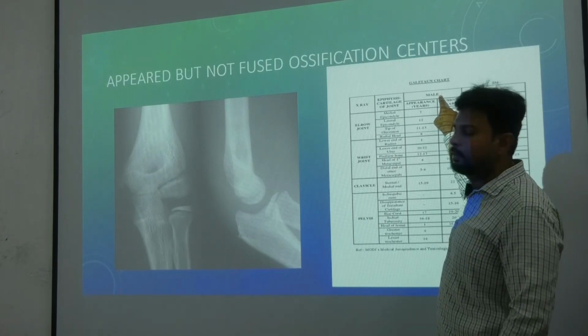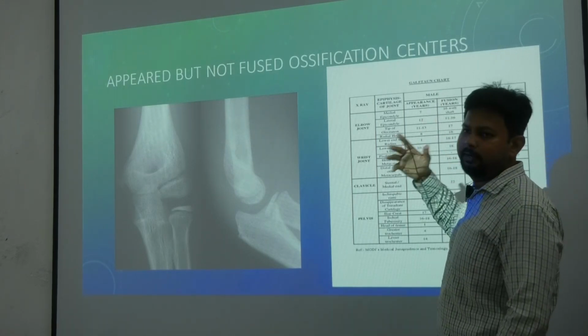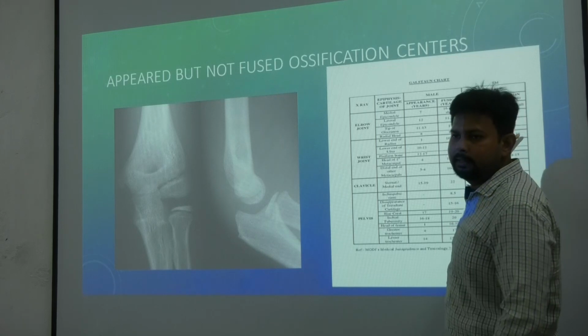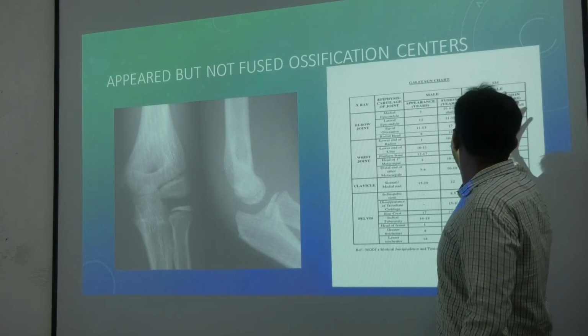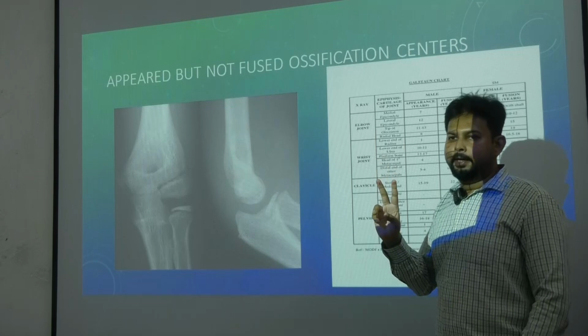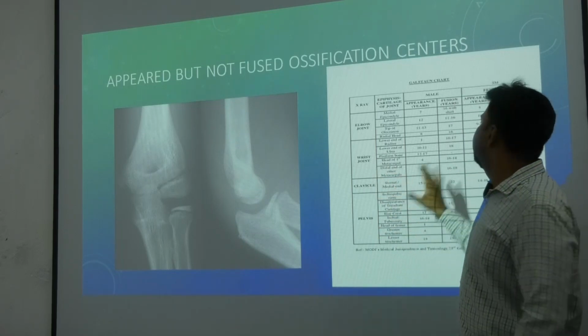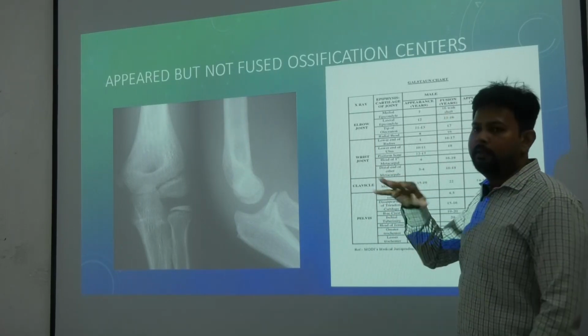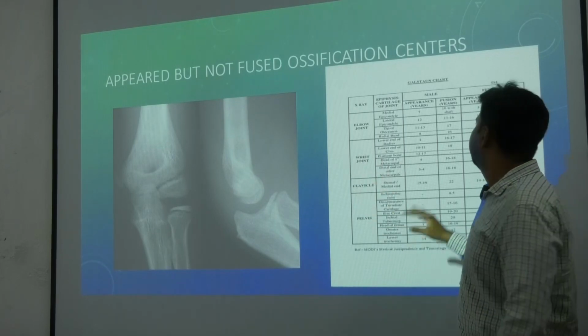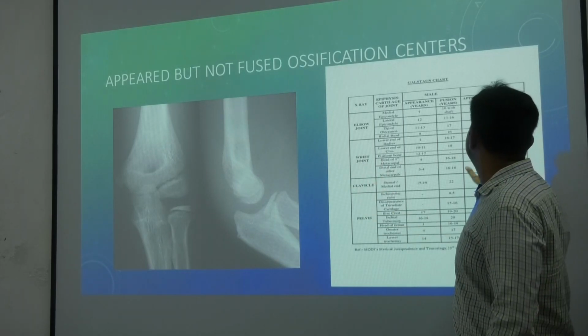For males it is a little different, and for females it is different. Females is just 2 years earlier, most values, and in males it will be 2 years later. That is mostly the difference.